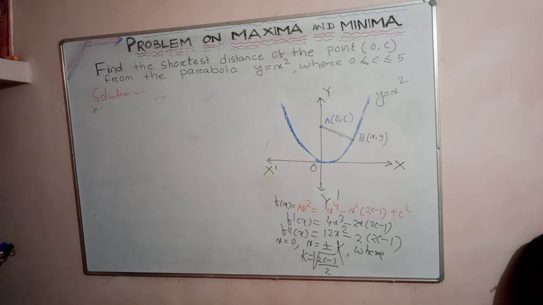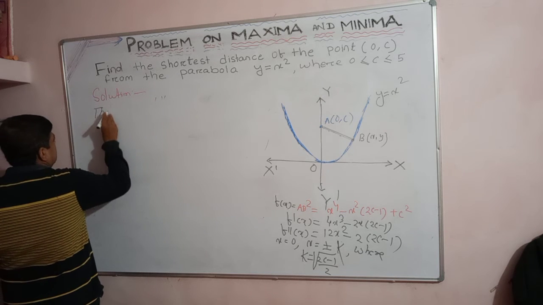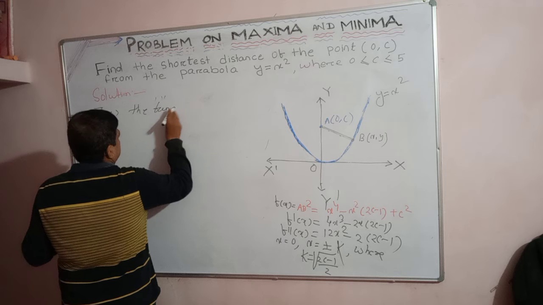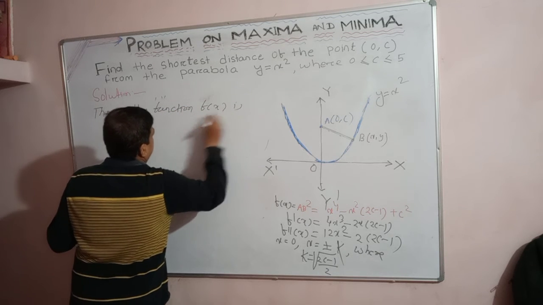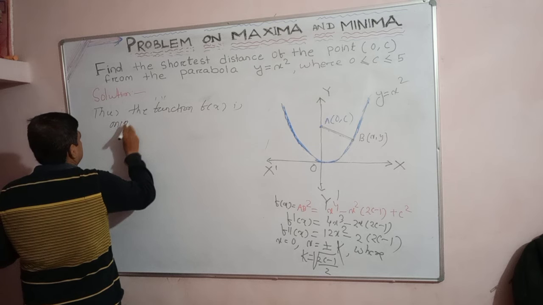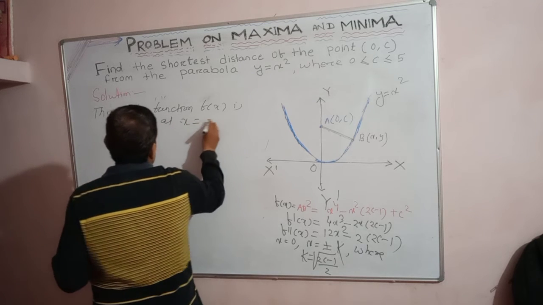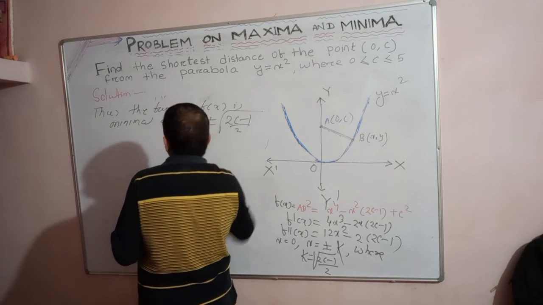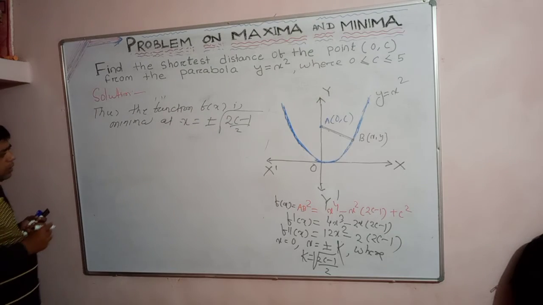Okay, let's see. So it is clear that the function f x is minima at x is equal to plus minus root of 2c minus 1 by 2. Now use the values in the given function and find the minimum shortest distance.